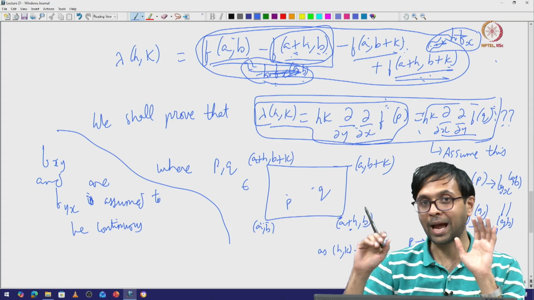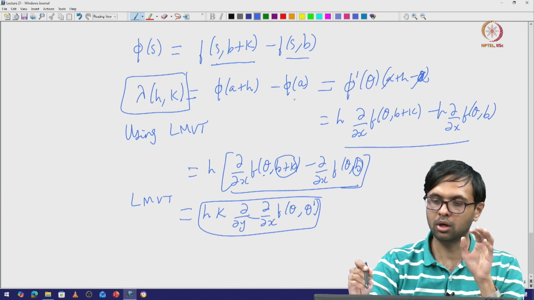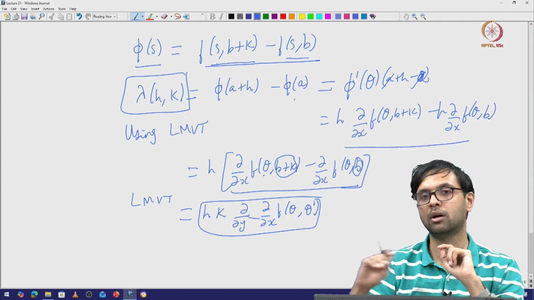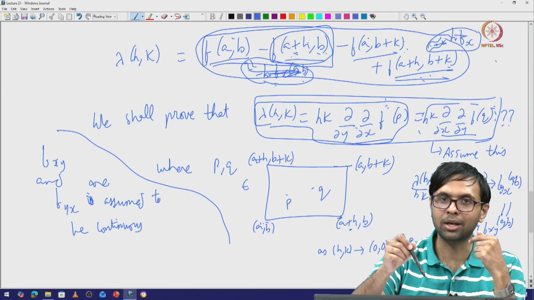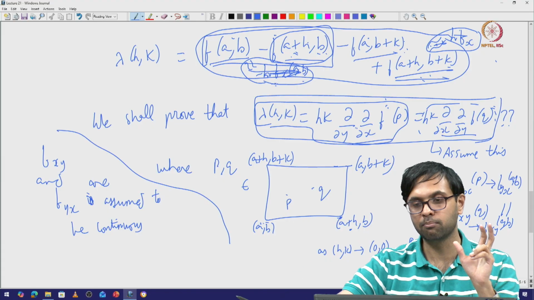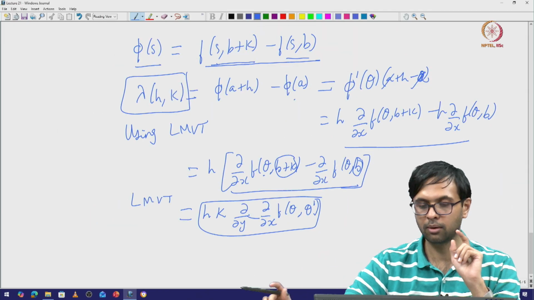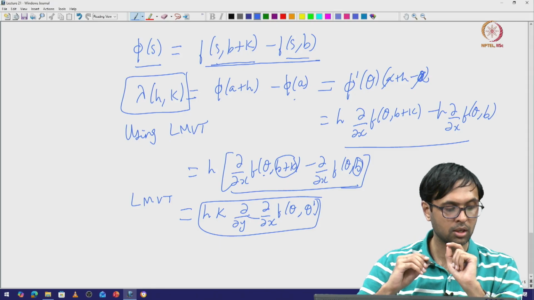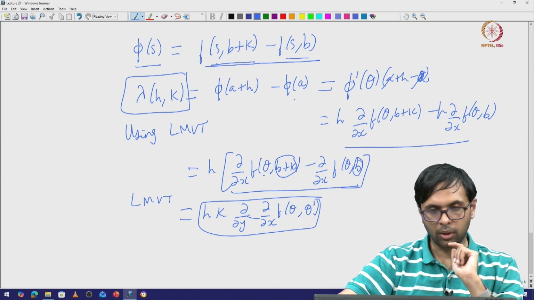So it's not as obvious as it looks, right? We are able to handle this entire difference in one shot by treating this as one single one variable function. In other words, we are not applying Lagrange's mean value theorem with respect to the x coordinate for two different functions. That is a slightly non-trivial idea. So it's not an immediately obvious theorem. This required a tad amount of ingenuity. Okay, so that's great.